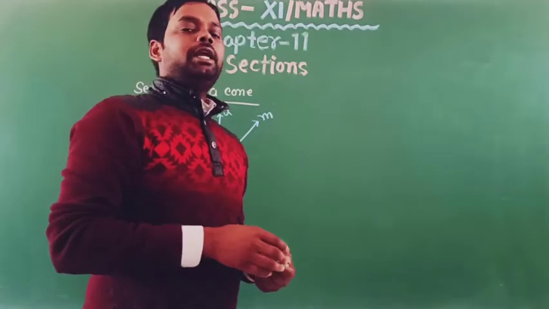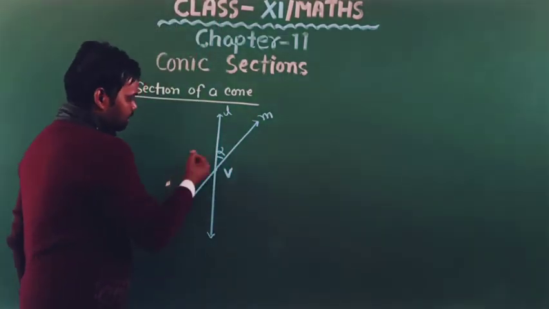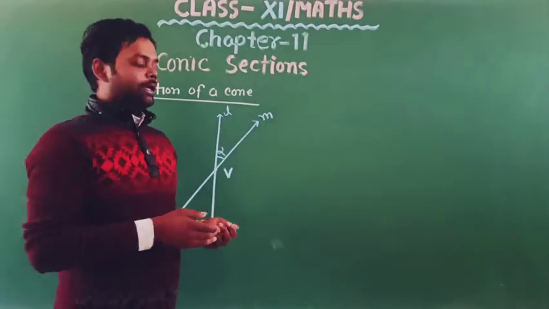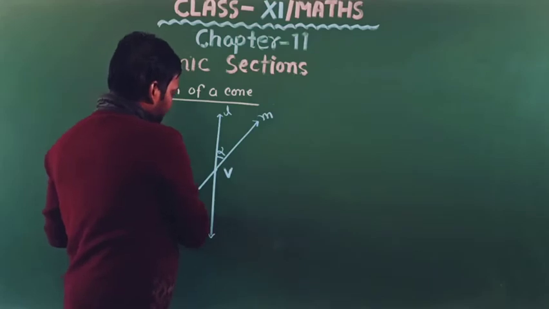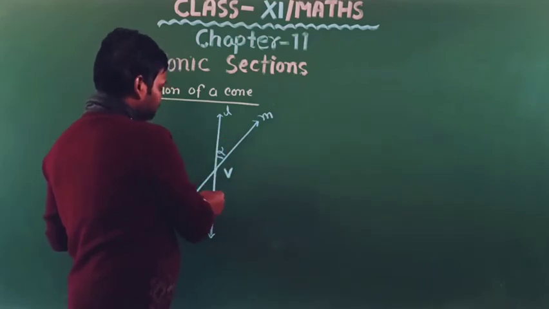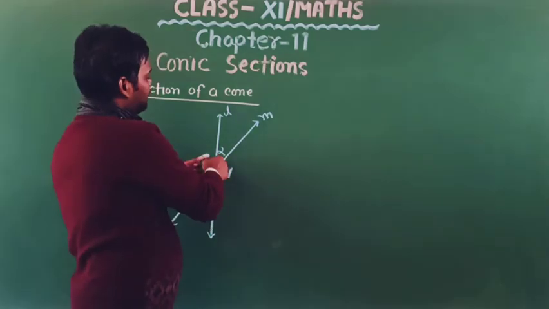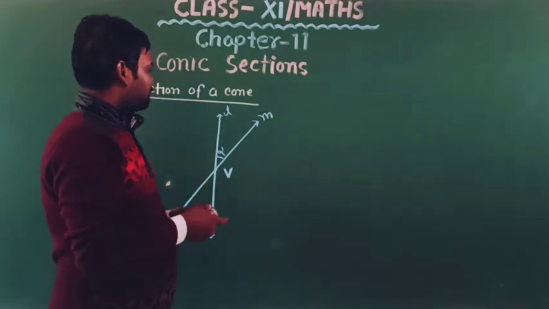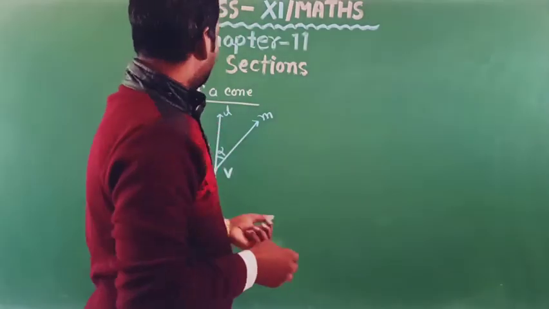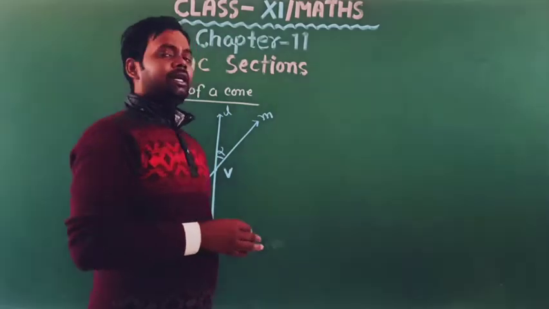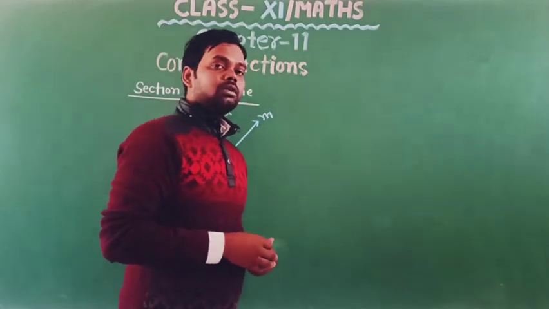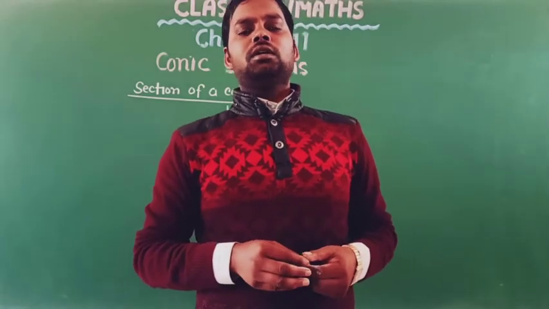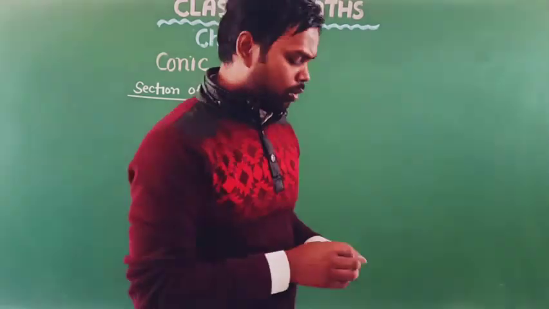Suppose we rotate the line M in such a way that angle alpha remains constant. The surface generated in this way is called a double right hollow circular cone.